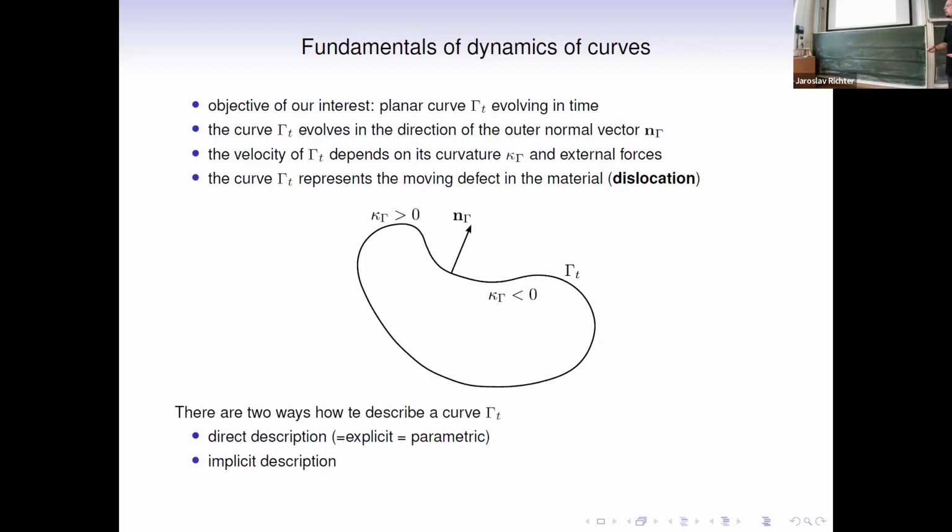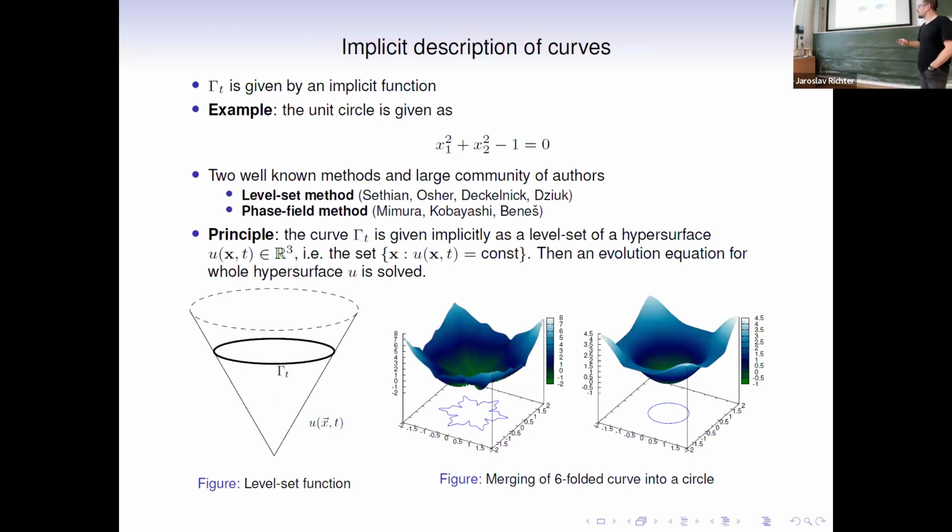So maybe I'm going to repeat familiar things to you, but we've got two ways to describe such a motion: direct description or the implicit one. The implicit one is what I don't prefer so much because it's computationally quite demanding.